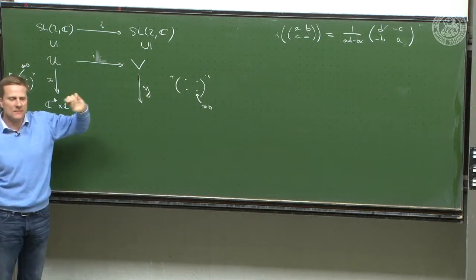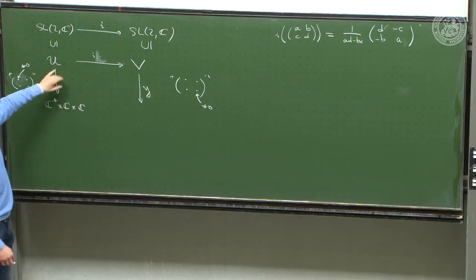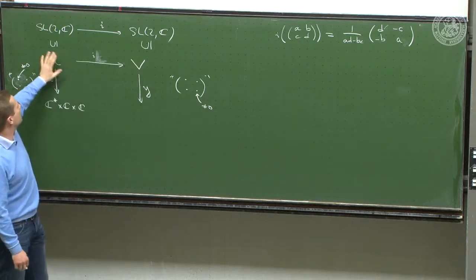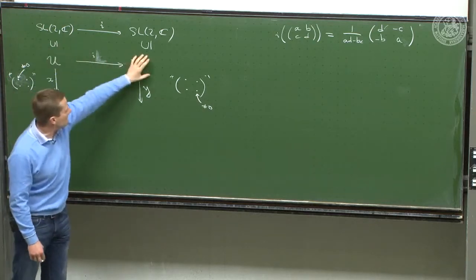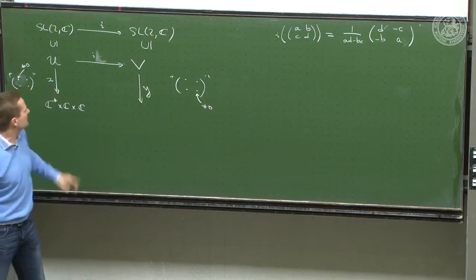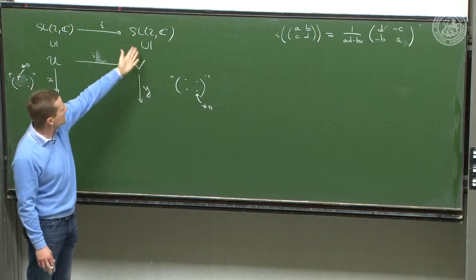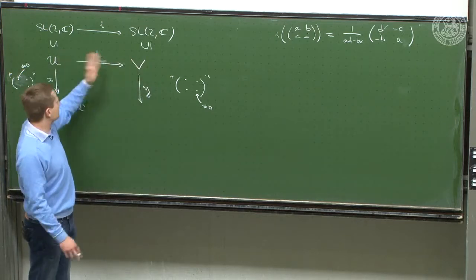Okay? So you can choose charts independently here and there, but you better make sure that you really map into that chart. Taking U and U again here, in principle you would have to restrict U here to those that map there.